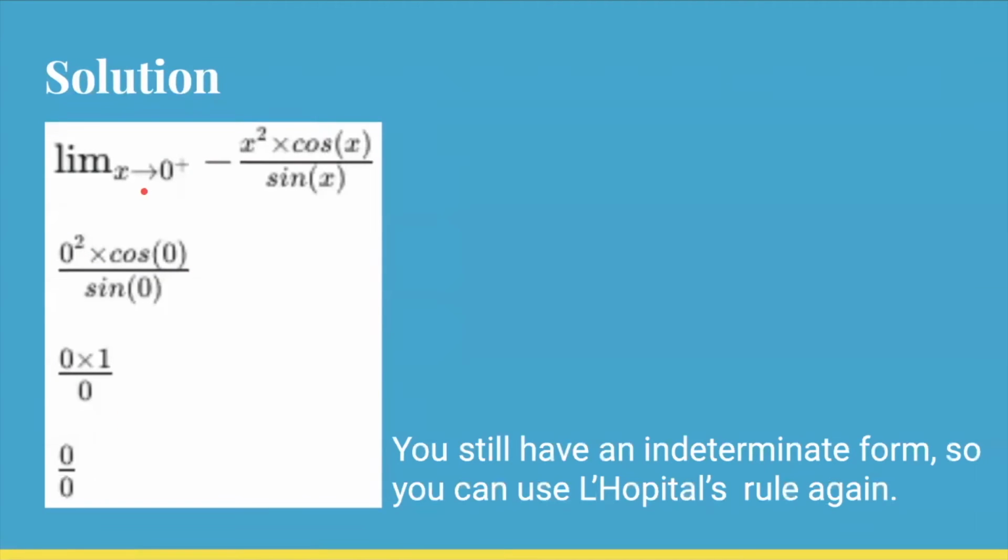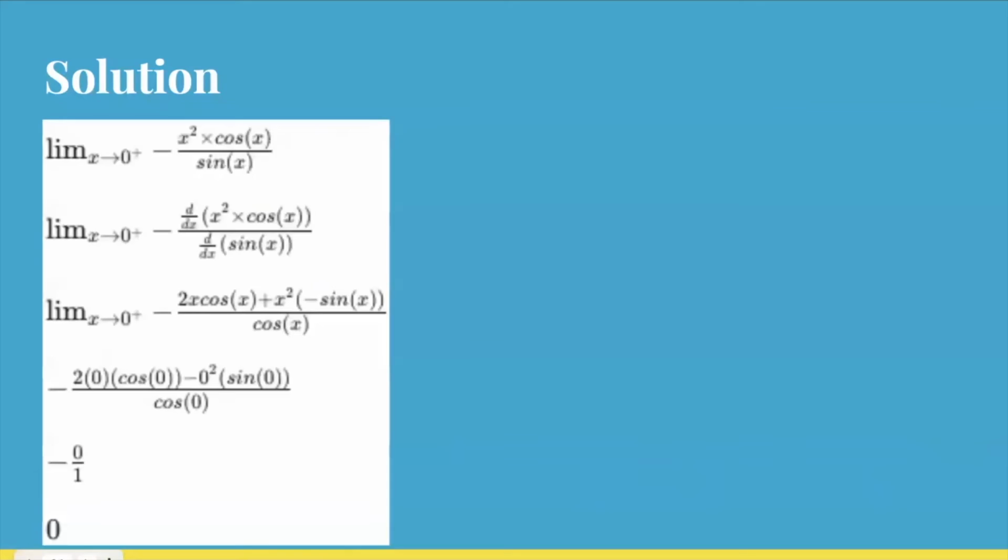Now plugging in 0 for x, you'll get 0 divided by 0. And that's still indeterminate, so you can use L'Hopital's rule again. Differentiate both the numerator and the denominator. For the numerator, you'll use the product rule. You'll get the derivative of x squared, which is 2x, times cosine x, plus x squared times the derivative of cosine x, which is negative sine x.